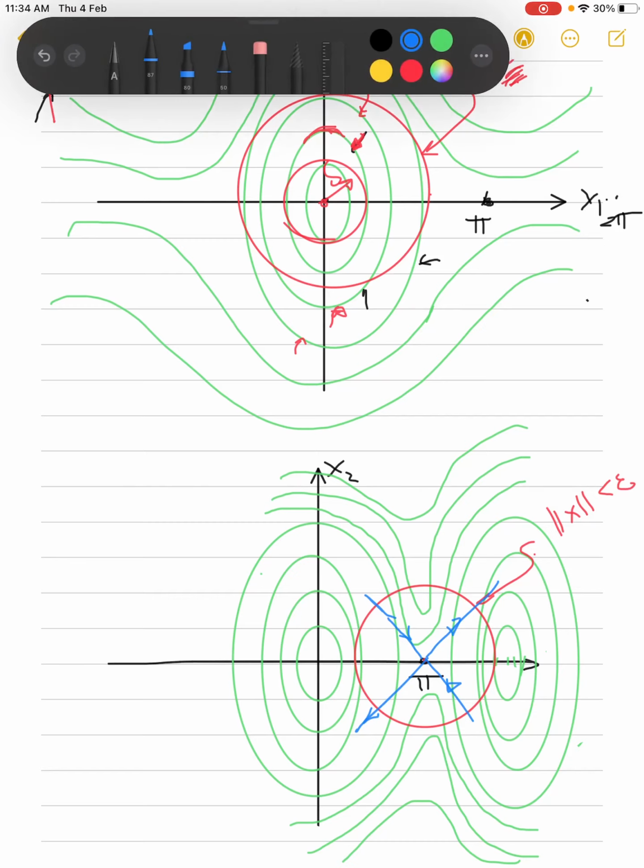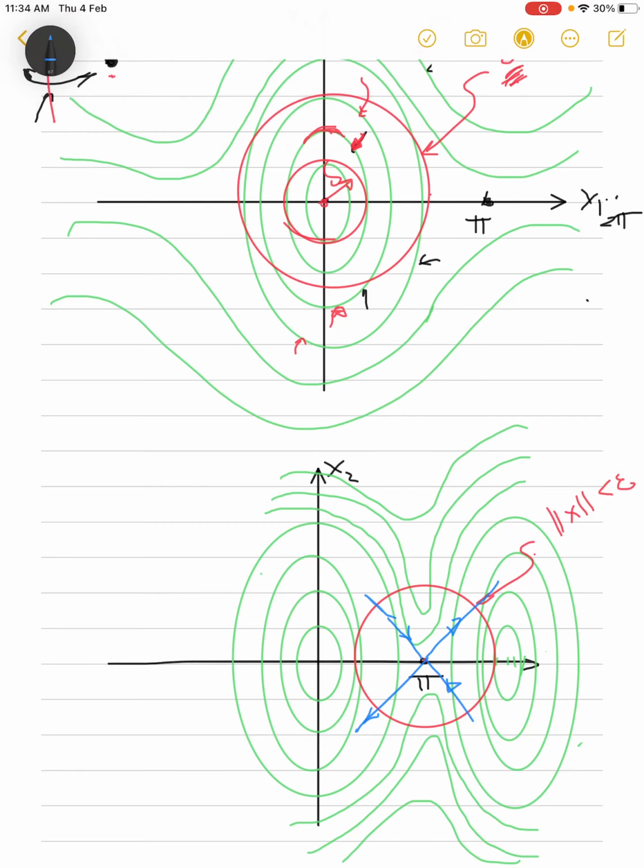That means that if we take a small ball of radius delta, however small that ball, so this is a ball of radius delta, we can always find points within that small ball such that the trajectory will go to infinity, which means that it will go through the ball of radius delta and then outside the ball that has radius epsilon.